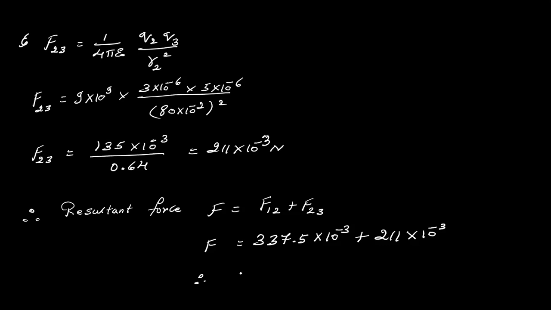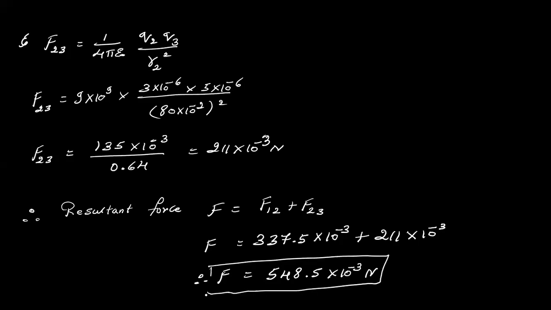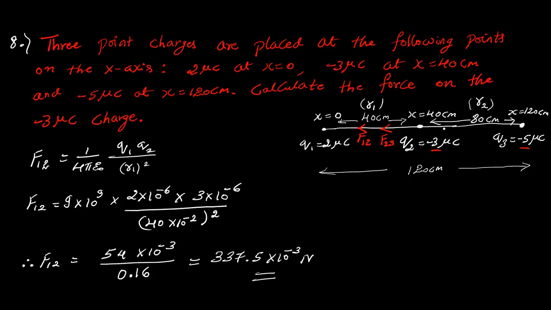Therefore F is equal to 548.5 into 10 power minus 3 Newton. So this is the net force acting on the charge minus 3 microcoulomb, which is at the middle. This is the net force acting on the middle charge.